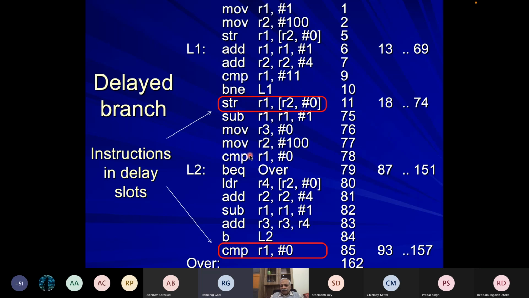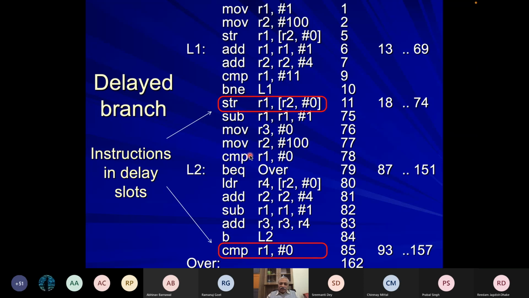Sir, data forwarding, which I guess would be implemented in most processors, doesn't that cut down the dependency between two instructions? So doesn't it make it one cycle? Yes. Data forwarding is a hardware solution for handling data dependencies.